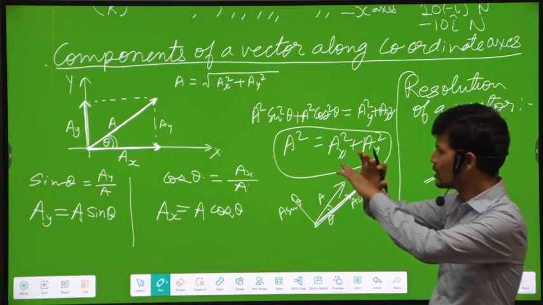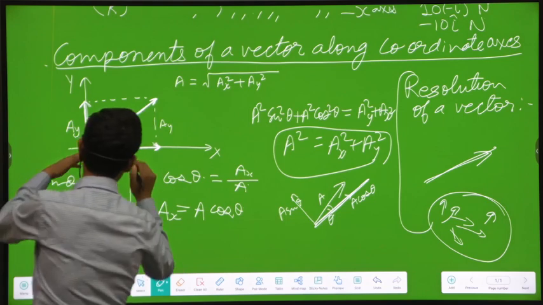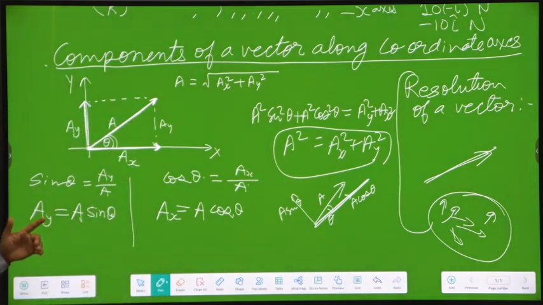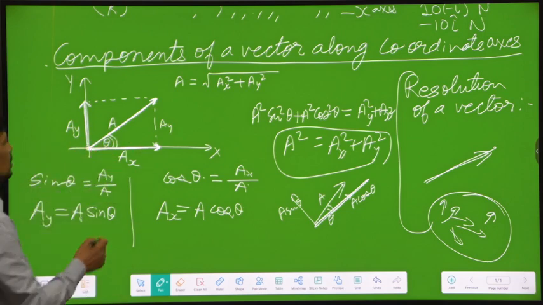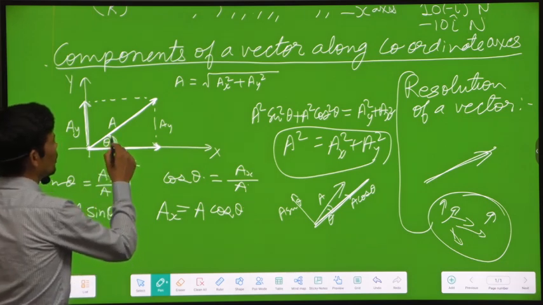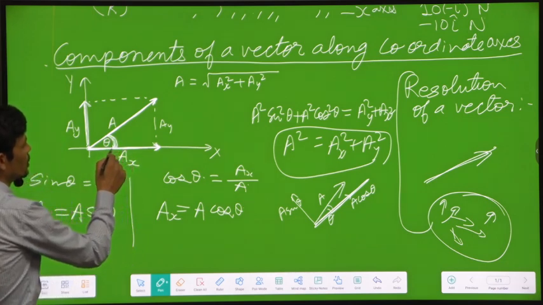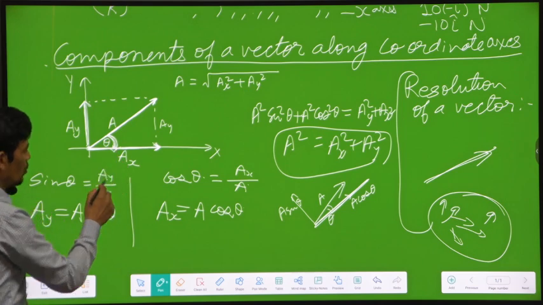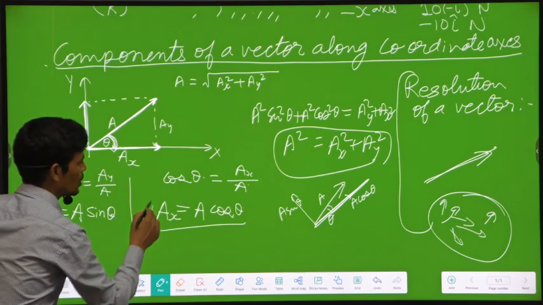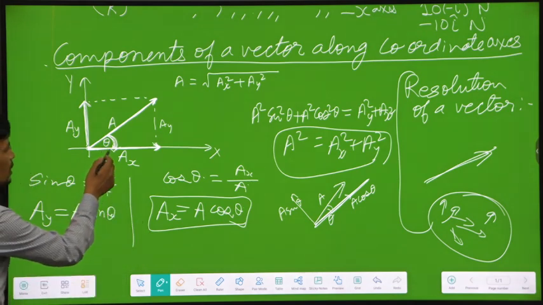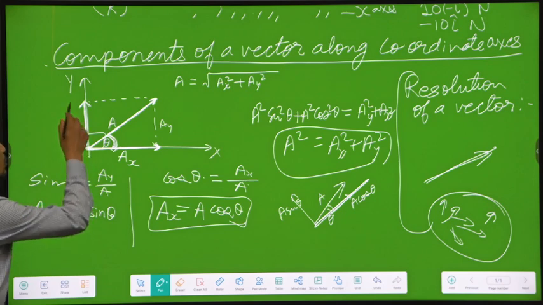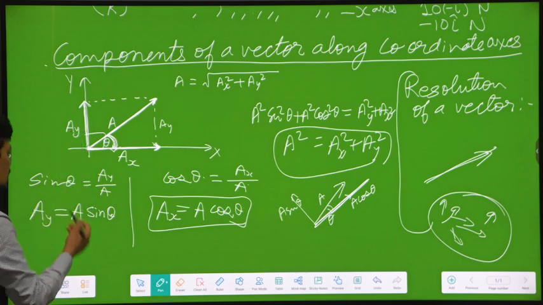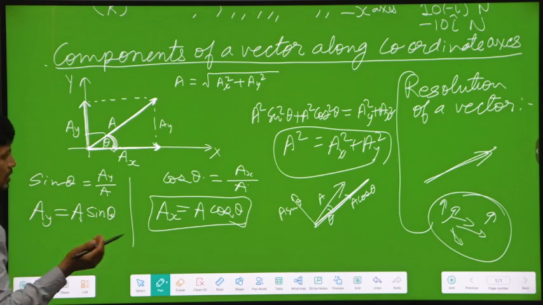So don't just stick to this relation, but interpret these outcomes for any situation. The component with which we have this angle given, that component will be in terms of cos theta, and perpendicular to that, the axis along which there is a component ay, that component will be a sine theta term.